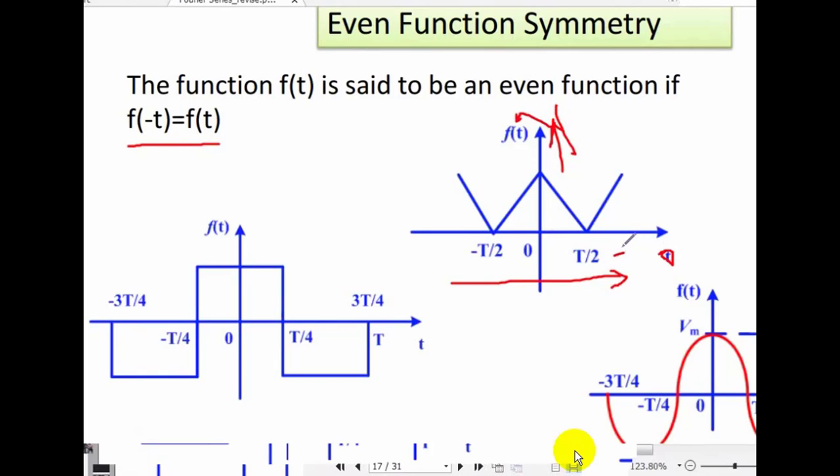One is positive value, another one is negative value. Okay. So based on positive value and negative value, what is the value of f of t? If you can find it correctly, then there is no problem to find the even function or odd function.